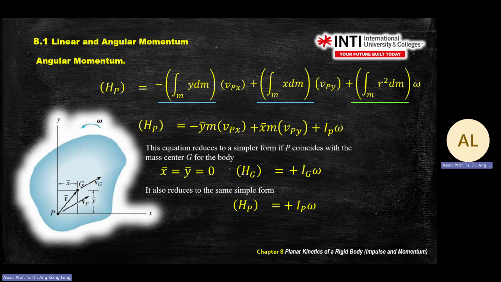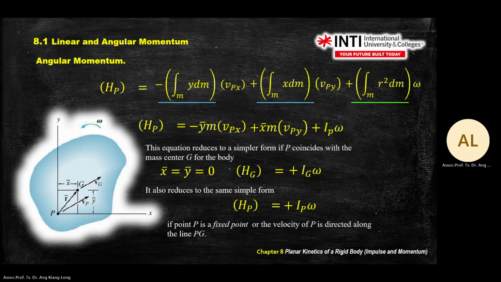I is I0 plus md squared. Okay. Or in other terms, your Hg, the moment of linear momentum, H equals I omega.